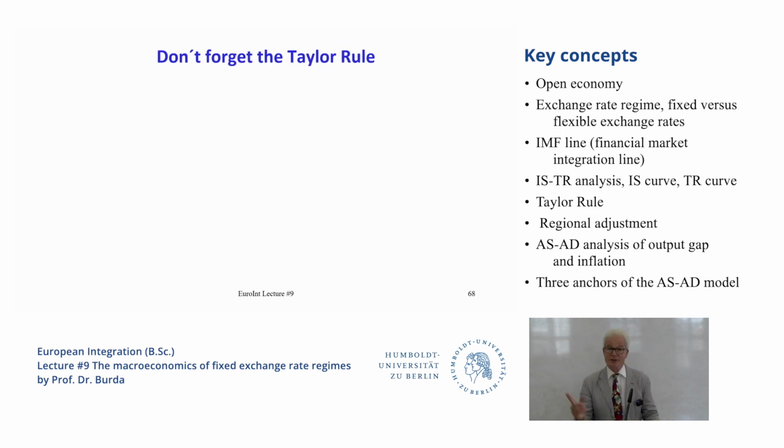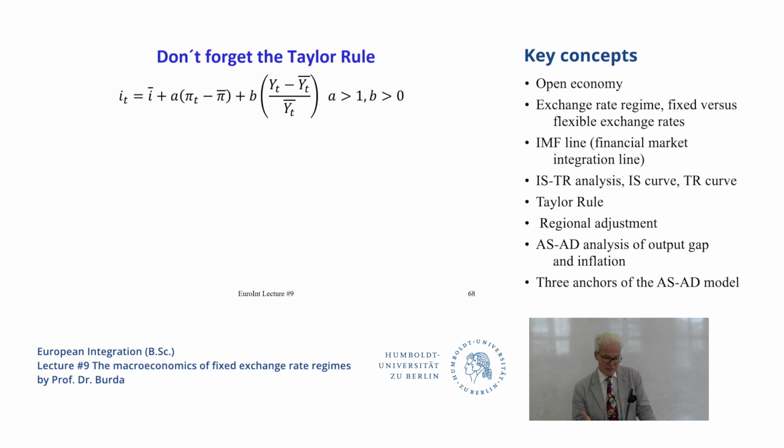So, as you can see, the Taylor rule is really important in this story. Don't forget it, right? Three components. One component is the neutral interest rate. The second component is the deviation of inflation from its target. So the central bank will always lean against the wind in the real output sense, but it'll also lean against the inflation wind.